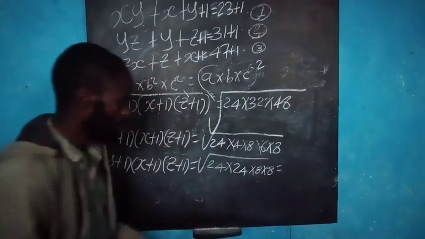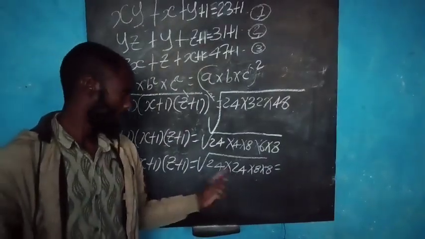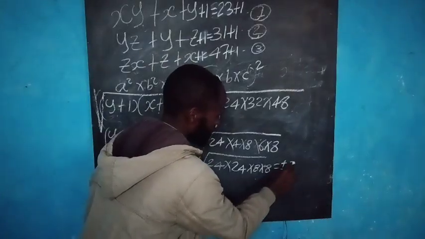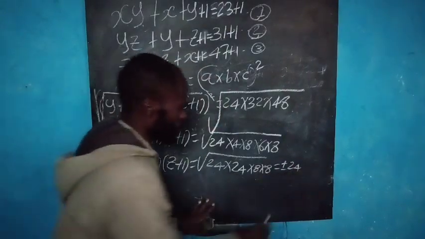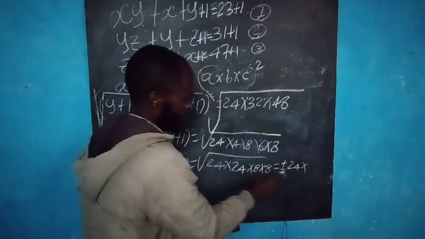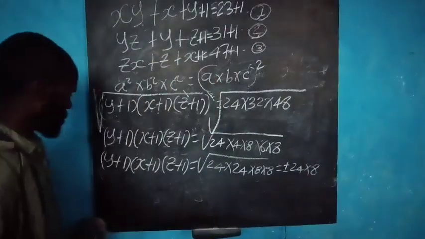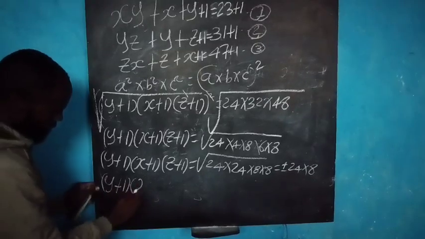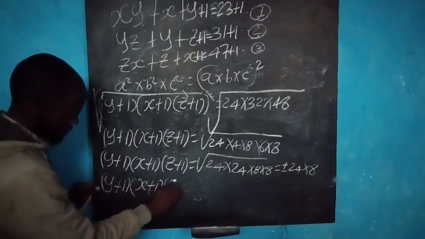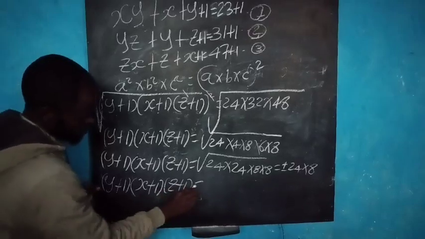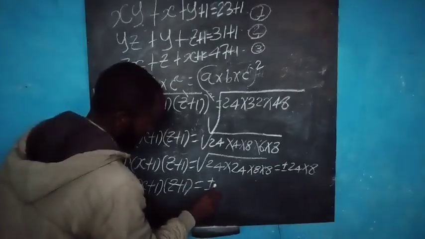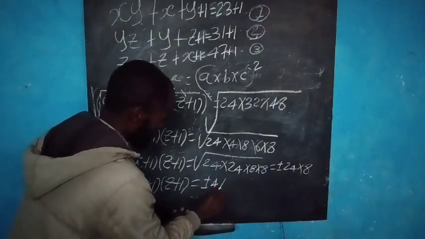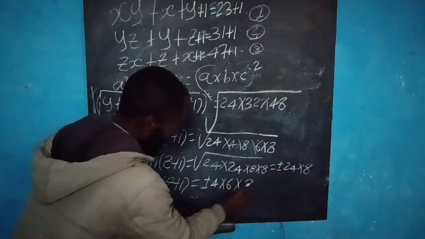The radical gives plus or minus 24 times 8. So y plus 1, x plus 1, z plus 1 equals plus or minus 24 times 8, which is 4 times 6 times 8.